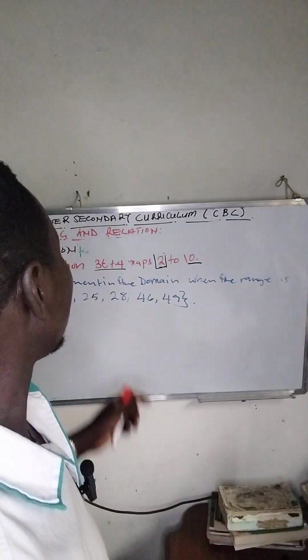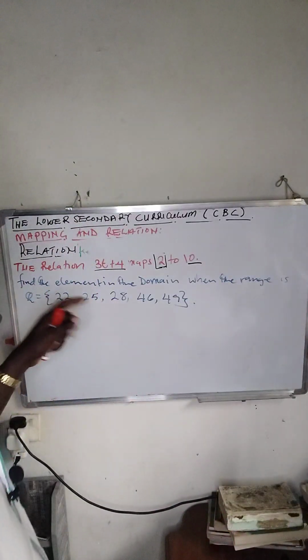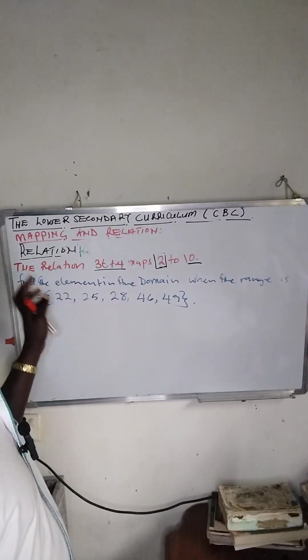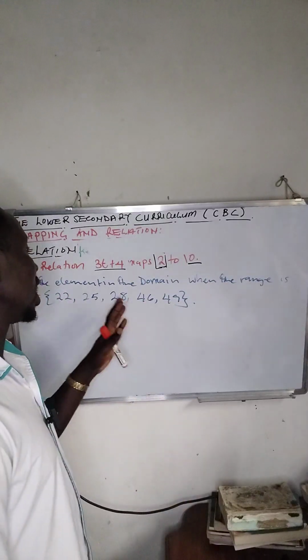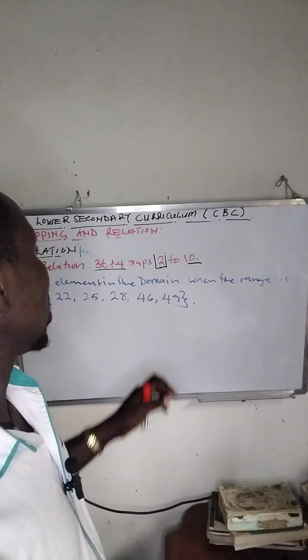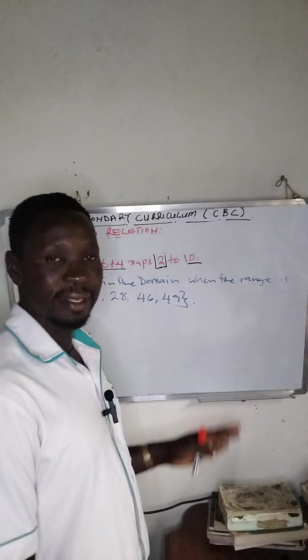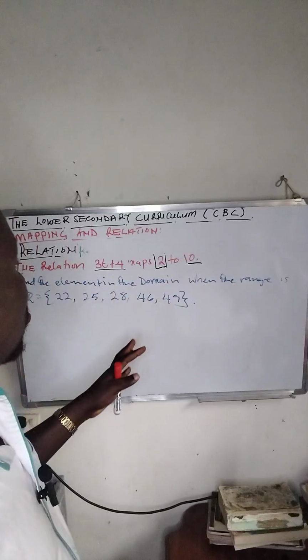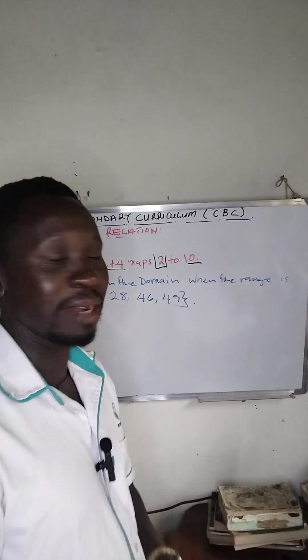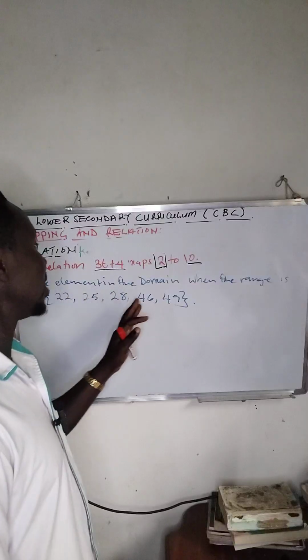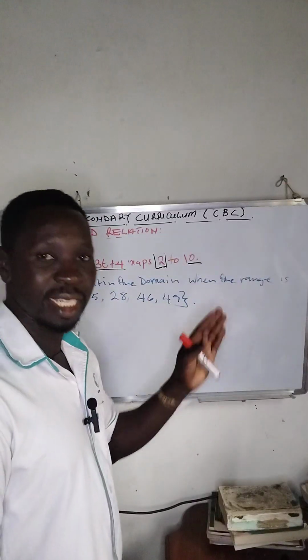Now, we have seen in video 3 that they asked us to obtain the range when the relation is given, and also when they have given us the values in the domain. Today the challenge is that you find the elements in the domain when the range is given.